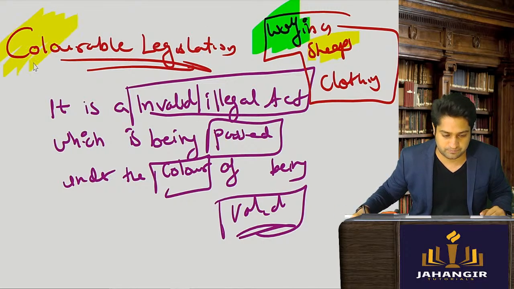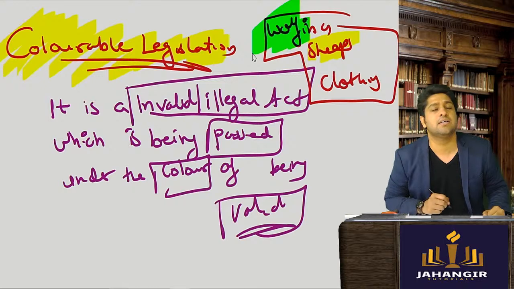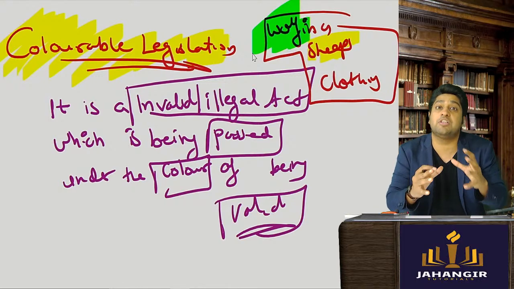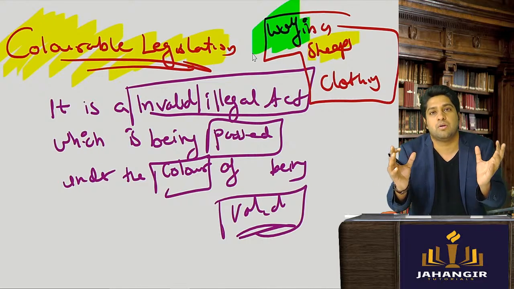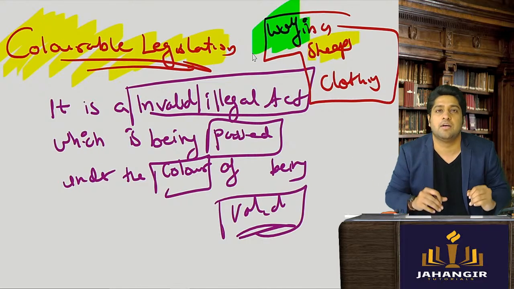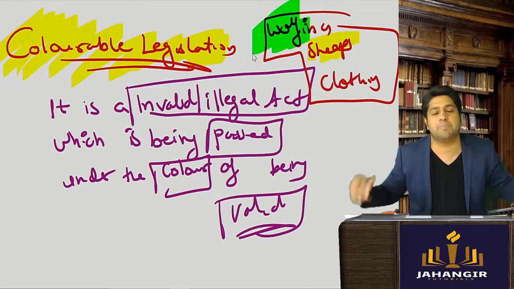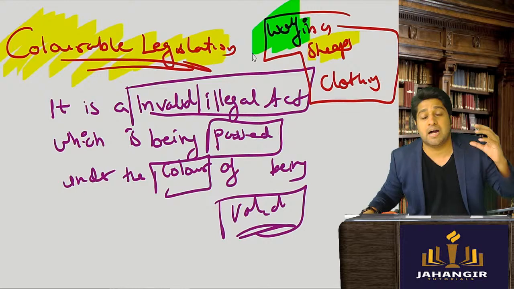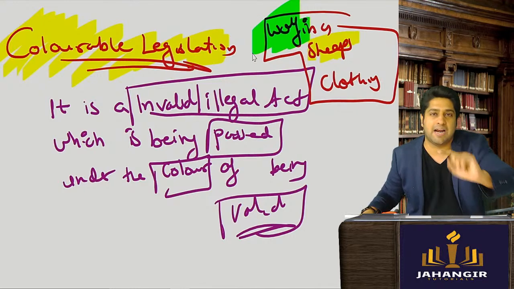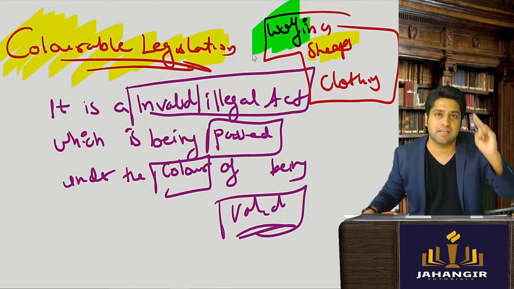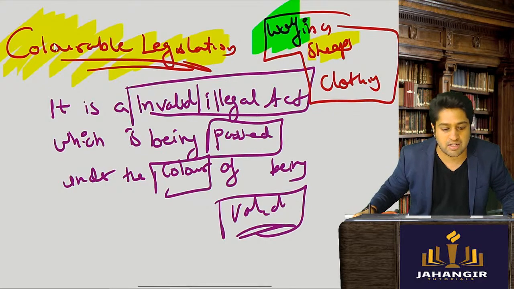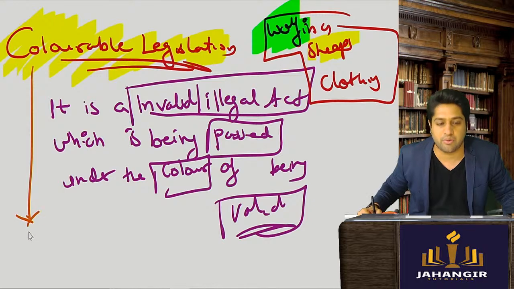Another example of this is, the state government has made a law which looks valid, which looks like it is for the people, it looks as if it is very good, but in reality it is bad, it is illegal, it is a fraud. So is colorable legislation going to be allowed?